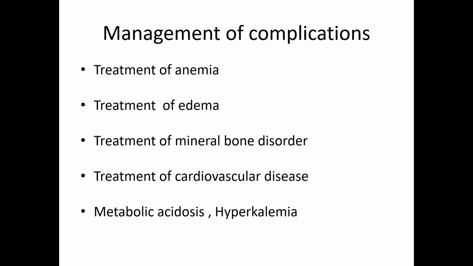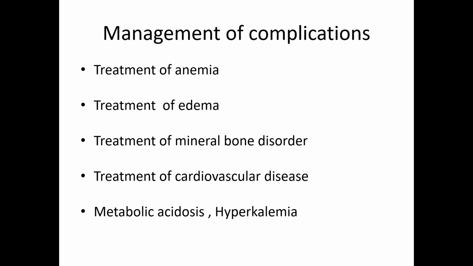Then in the advanced stage, the patients start getting complications. So here, besides taking measures to reduce the progression of kidney disease, our focus goes to the management of complications. Patients with chronic kidney disease become anemic because of reduced production of EPO.